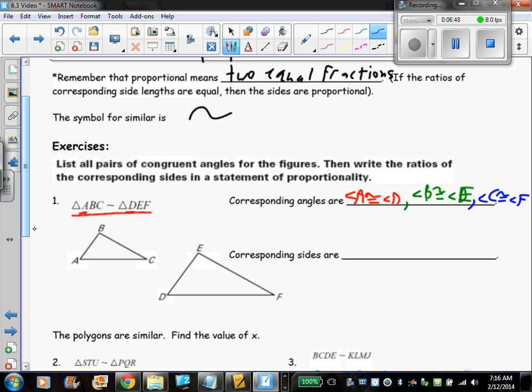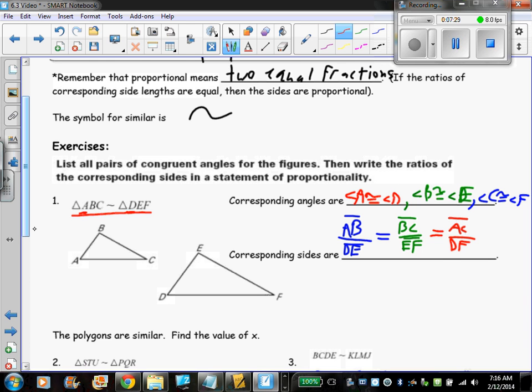Instead of saying AB is congruent to DE, what we'll be able to say is that AB over DE, and this is where the proportionality comes in, is equal to, then we bring in our second set of them, BC over EF, and notice that I'm putting all the ABC ones on top, that's important, which is equal to AC over DF.